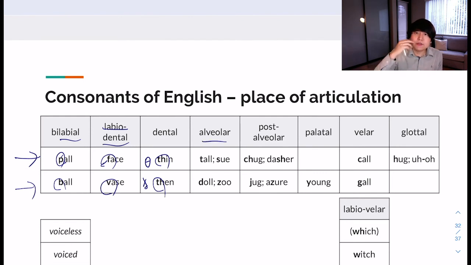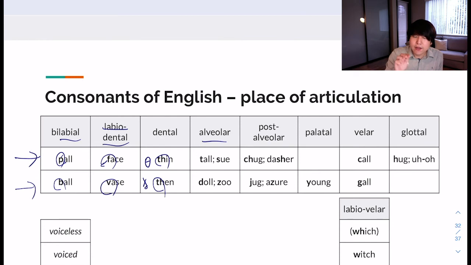Alveolar, you use the tip of your tongue, like t in tall, s in sue. They have exactly the same place of articulation. You'll learn why these two sound different in week 2, but here we learned that they both have the same laryngeal state.